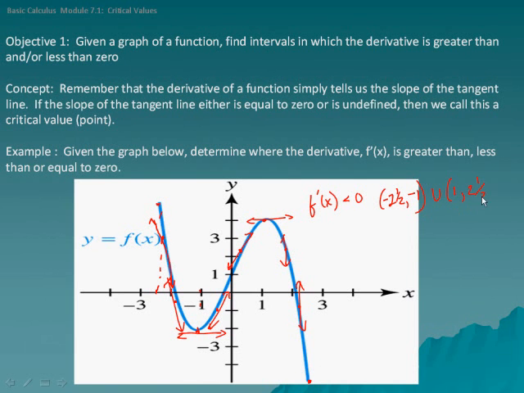So that is the interval in which it is less than 0, and the interval in which the derivative is greater than 0 is from negative 1 all the way till 1. And the derivative is equal to 0 at x equals 1 and x equals negative 1.